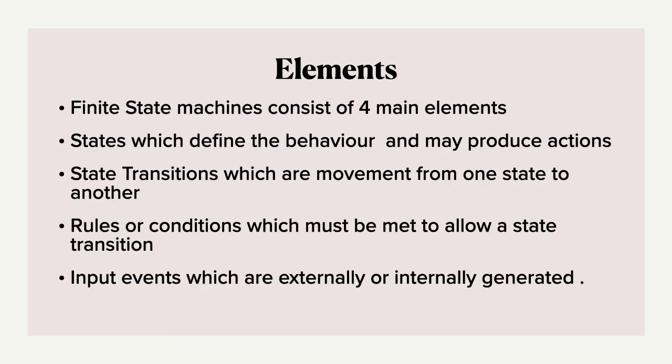If we're talking about the elements of the machine, we need four main elements: states, which define the behavior; state transitions, which are movement from one state to another, with certain rules; and input events, which are externally or internally generated. So these are the four basic elements we have to learn. That's very simple.